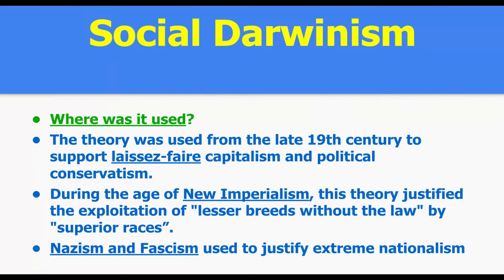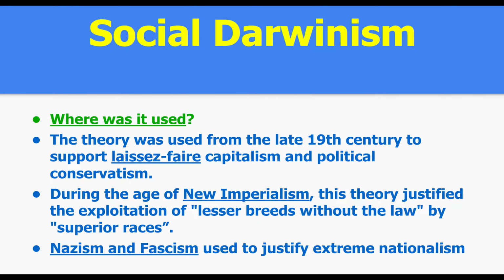So it was the belief that the small percentage of wealthy at the top were a more evolved class of people, which was significantly advocated by people like Herbert Spencer, William Graham Sumner, and Andrew Carnegie. They argued that social programs, government programs designed to aid poor people, actually worked against nature.